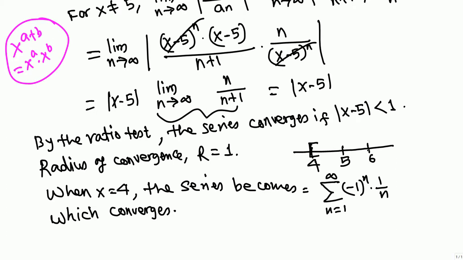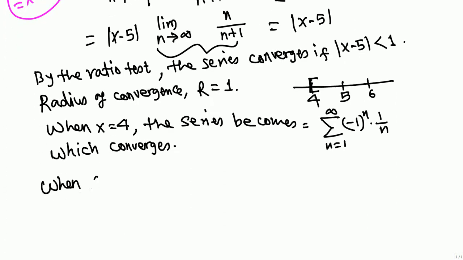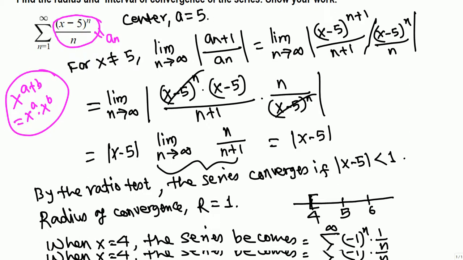And now test for 6. When x equals 6, the original series becomes, so let's go up and check. When x equals 6, 6 minus 5 is 1, 1 raised to n is 1, so 1 over n.